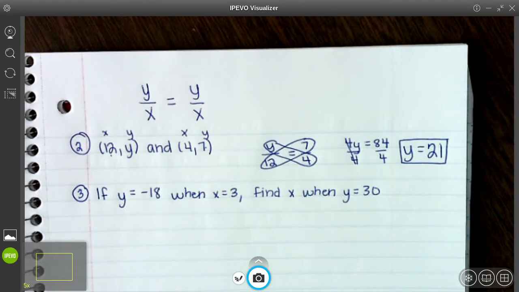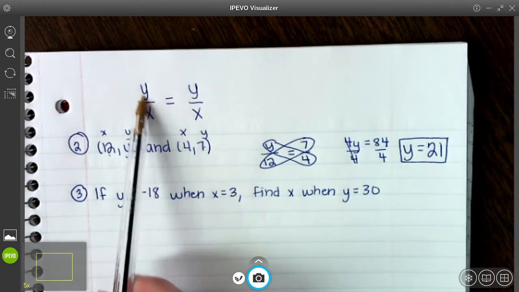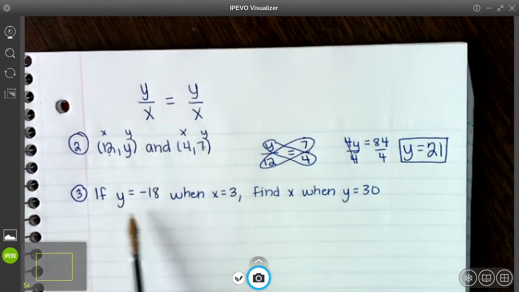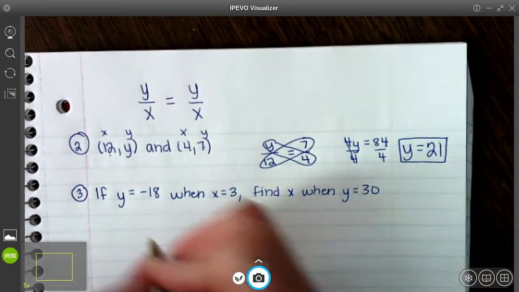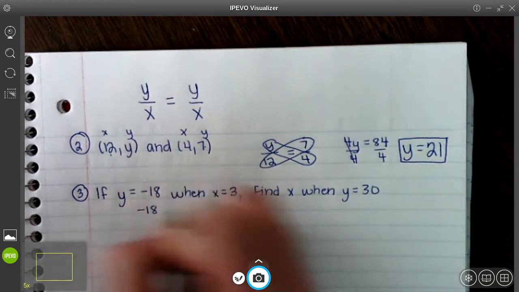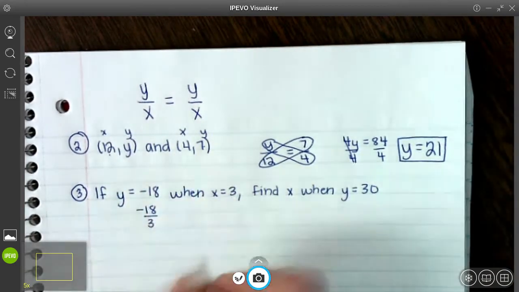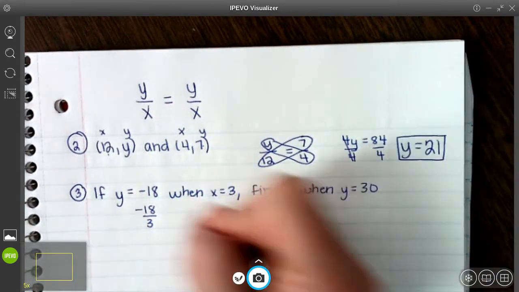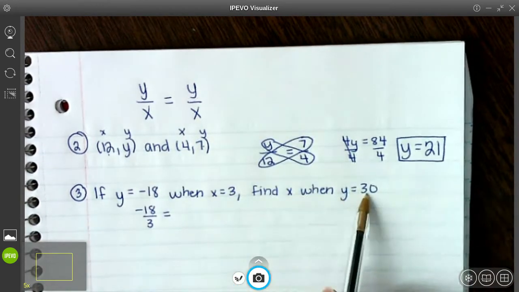So for direct variation, and I will always tell you whether it's direct or whether it's inverse, okay, so if you're wondering about that. But for direct variation, you set up proportions y over x. So we're going to say negative 18 over 3 because those are together. They relate together. You just want to make sure you put your y value on top.